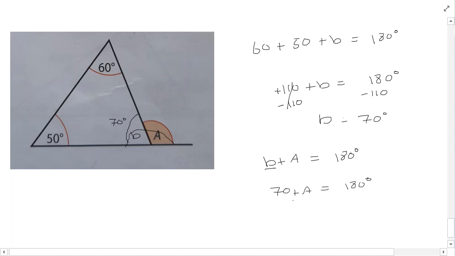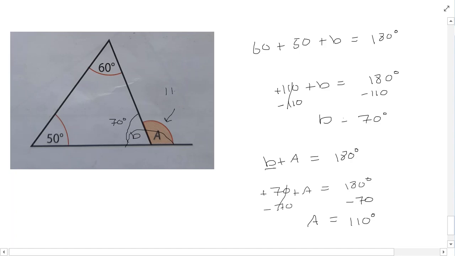How do we figure out what A is? This is plus 70, so we have to minus 70 from here, and if we minus 70 from here, we have to minus 70 from here. These will cancel out, and then A is going to be equal to 180 minus 70, which will be 110 degrees. So the angle A is 110 degrees.